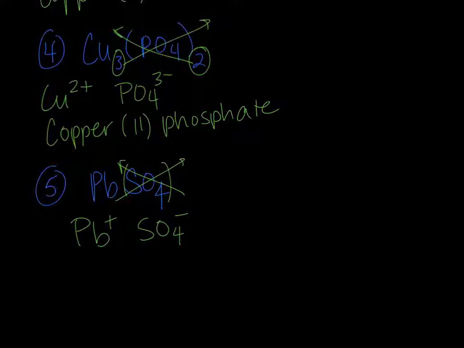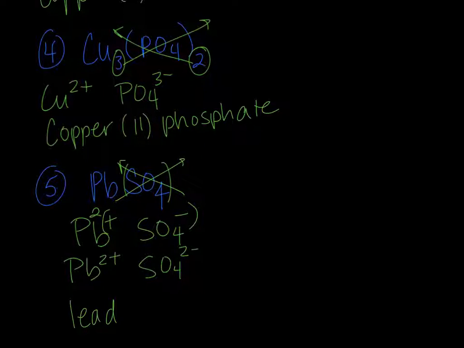And so, since we need it to be -2, we have to multiply both of these by 2. So then I get lead 2 plus and SO4 2 minus. Now that this one is correct right here, that means that this one is correct too. So it's going to be lead 2, sulfate.